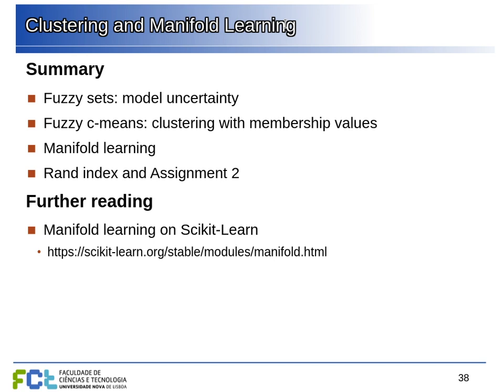We also saw manifold learning, this idea of trying to find a representation in lower dimensions that preserves as much as possible the topological relations between the points in the original representation. And then we saw a bit about how to compare the clustering with some other labels. These can be labels given in the data or given by other clustering algorithms, something like that. And this is something that you're going to need for the second assignment.